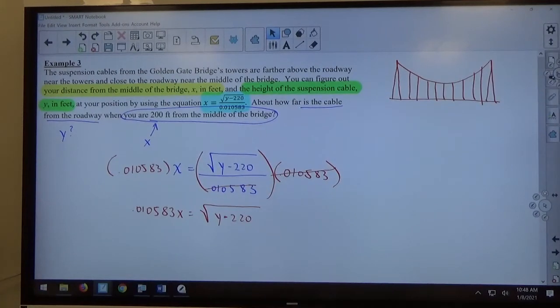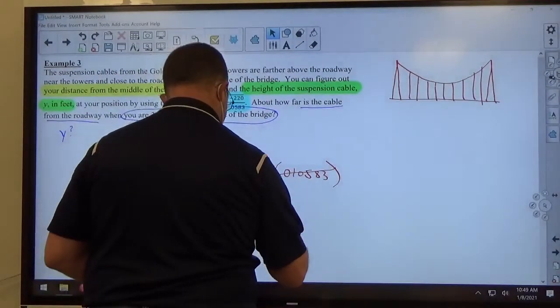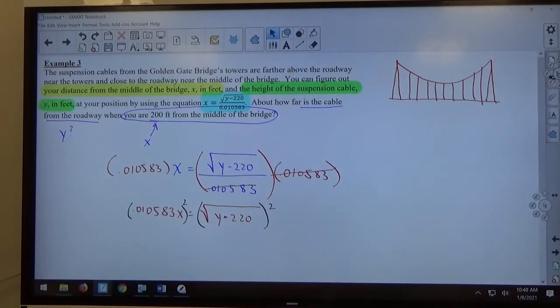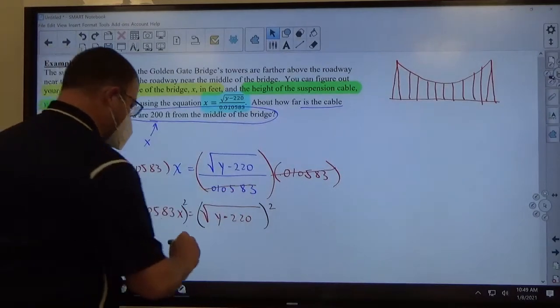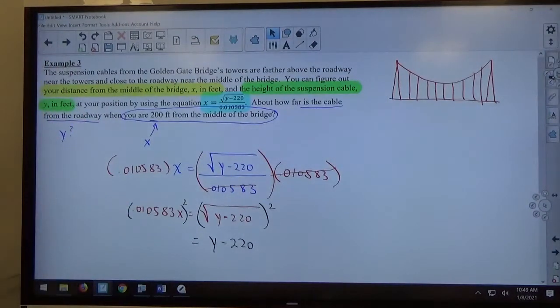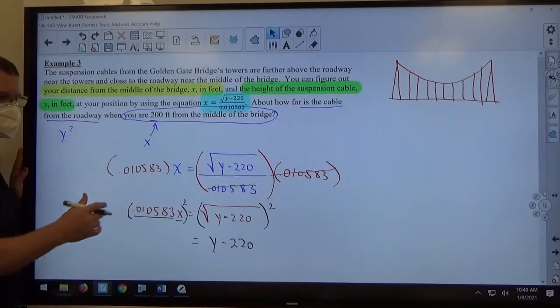I've gotten to the point where my radical expression is isolated all by itself, so now this is a square root, so I have to square both sides to get rid of the radical. Square this, square this. On the right-hand side where the square root is, that's easy, right? Square root squared just gets rid of everything. So I'm going to get y minus 220. On the left-hand side, I'm going to get this number squared and x squared. So notice we have a number times x that's being squared, so we're going to square both pieces.